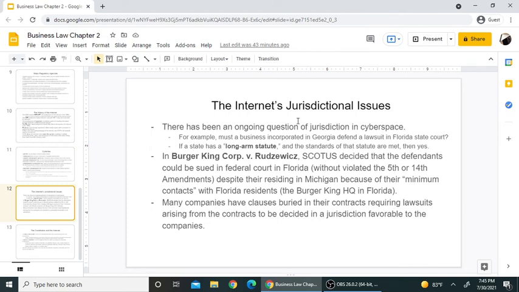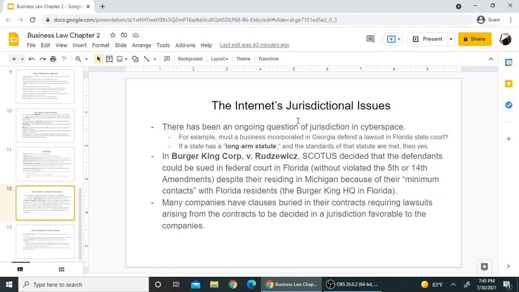So the internet has a lot of jurisdictional issues, right? Because it creates issues of where an internet company, or a company that is doing business over the internet, resides, and where it should have to defend lawsuits.